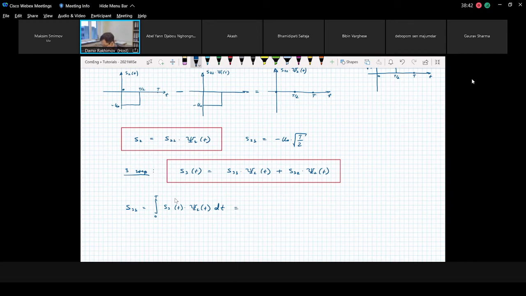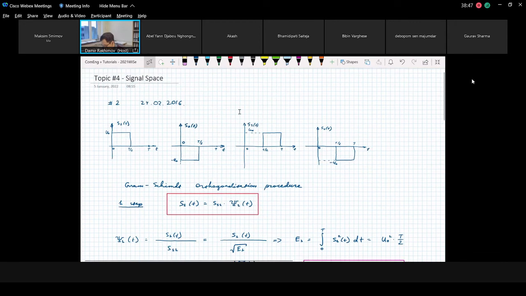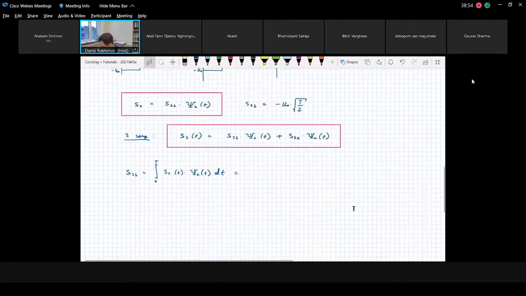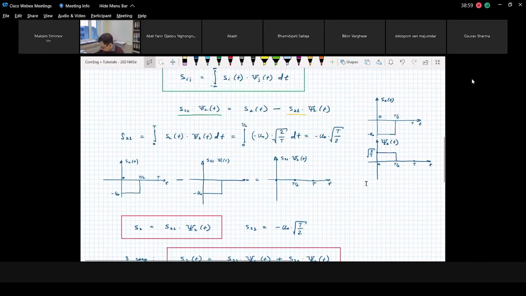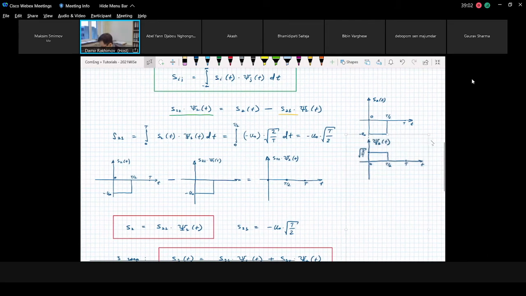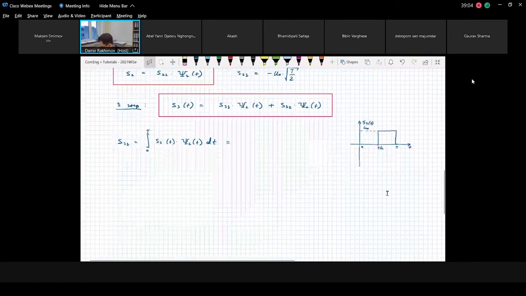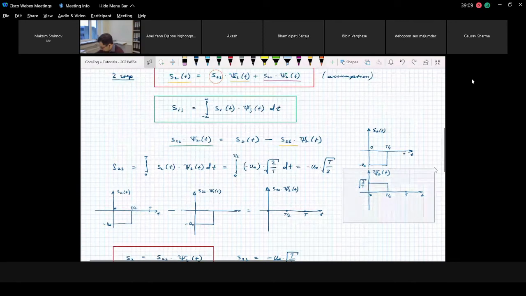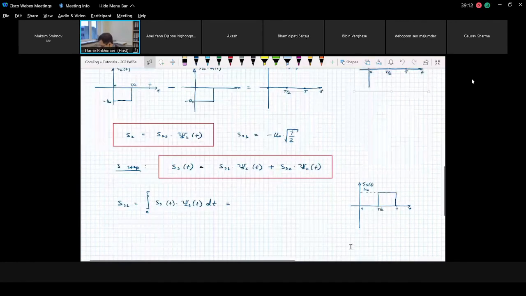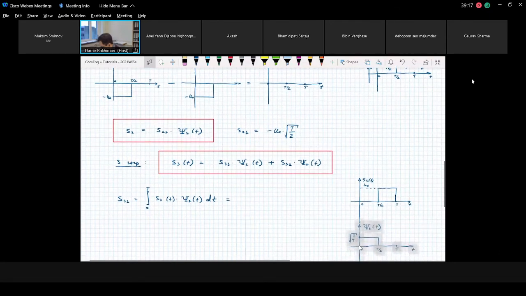And here we get an interesting result. I will make another copy for the third signal and place it below the first basis function. We have only one basis function so far.